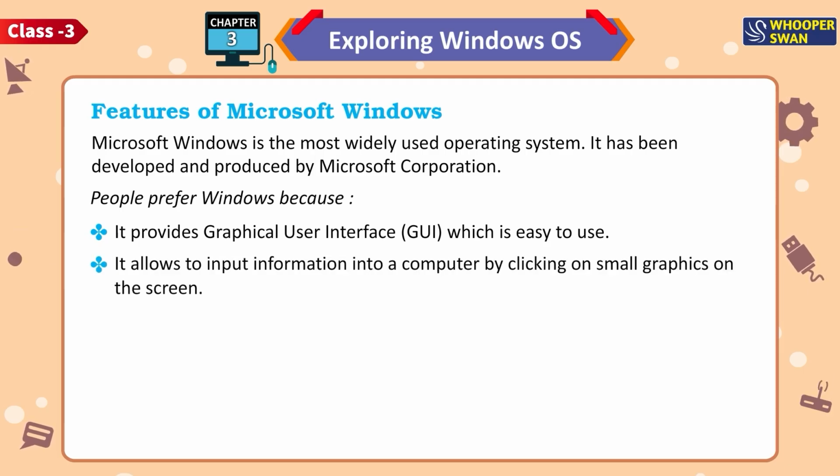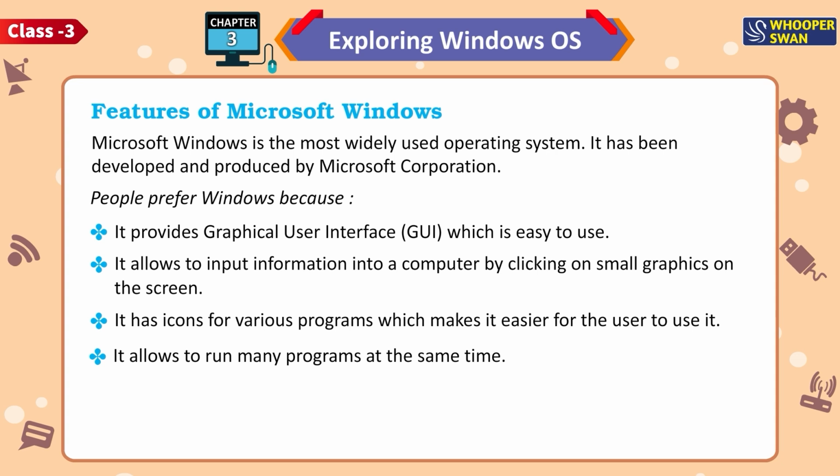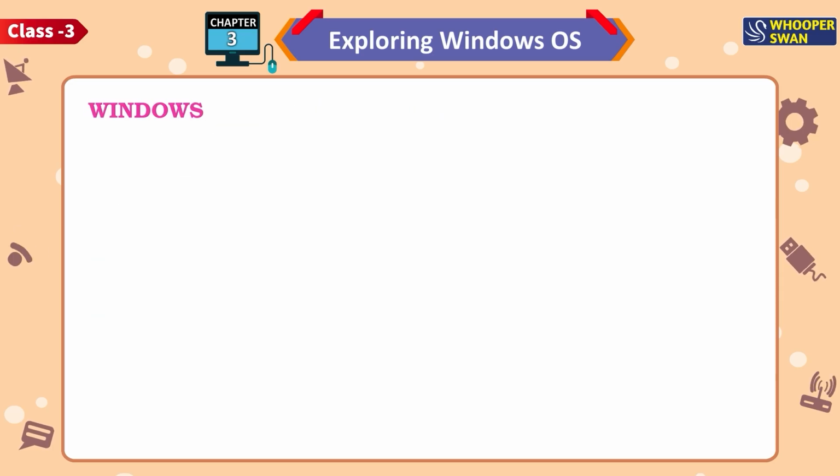It allows to input information into a computer by clicking on small graphics on the screen. It has icons for various programs which makes it easier for the user to use it. It allows to run many programs at the same time. It organizes data in different files, folders and drives.